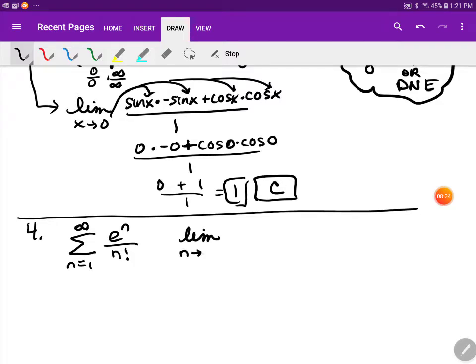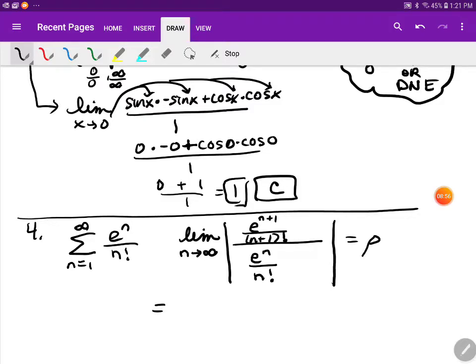So the ratio test is limit as n approaches infinity. Technically it is the absolute value. So it's e to the n plus 1 over n plus 1 factorial. Remember, you're substituting in an n plus 1. And then you're dividing it by the original, n factorial. Okay, and then this is going to be rho.